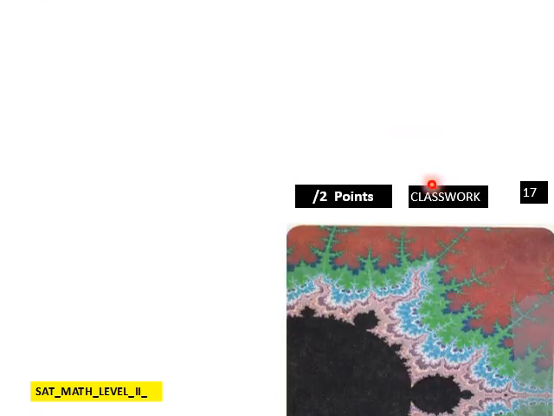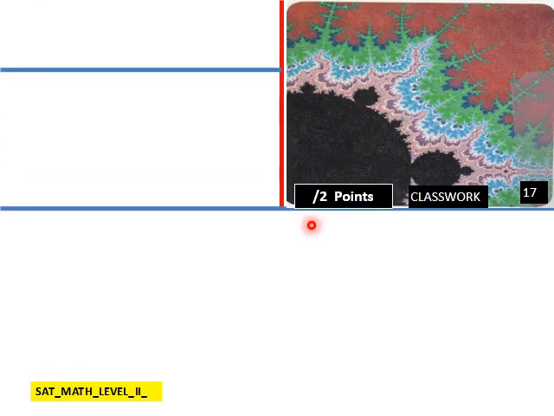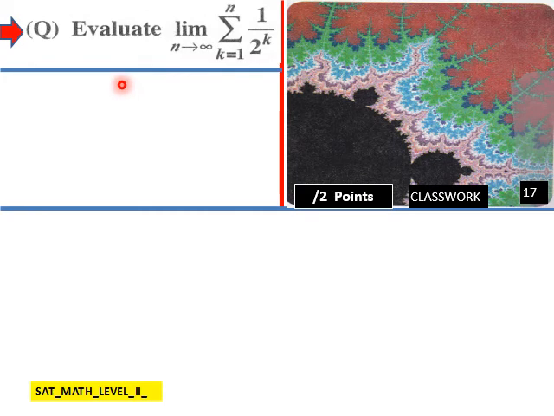Okay, now we're moving right along here. We're going to take a limit as n goes to infinity for the summation with an upper limit of n, k equals 1, of 1 over 2 to the k.